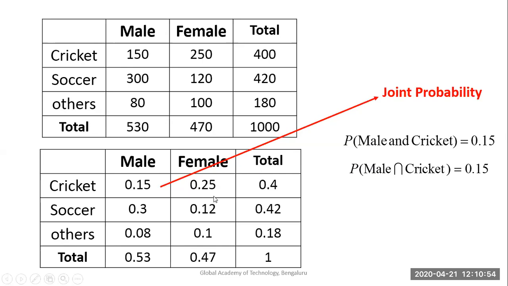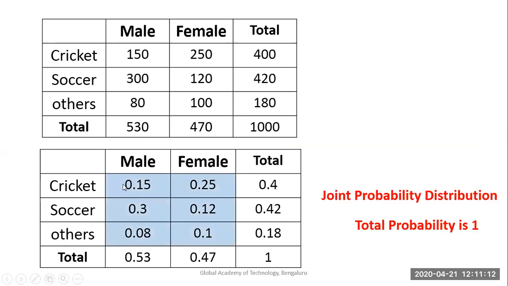In the same way, the probability of female and favorite sport cricket is 0.25, that is 25%. The probability of male and soccer is 0.3, and so on. These probabilities represent the joint probability. All these probabilities put together we call the joint probability distribution. And if you observe, the sum of all these values is 1, so the total probability is 1.